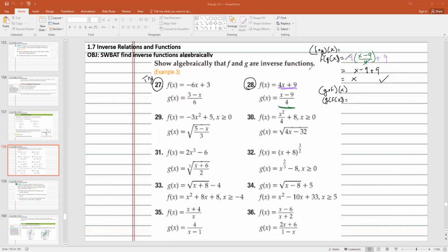All right, so now this time g is going to be on the outside. So that's why we put that one first, x minus 9 over 4. And now let's erase that x, replace it with the 4x plus 9. So I have 4x plus 9 here. And the plus 9 and the minus 9, they cancel each other out.